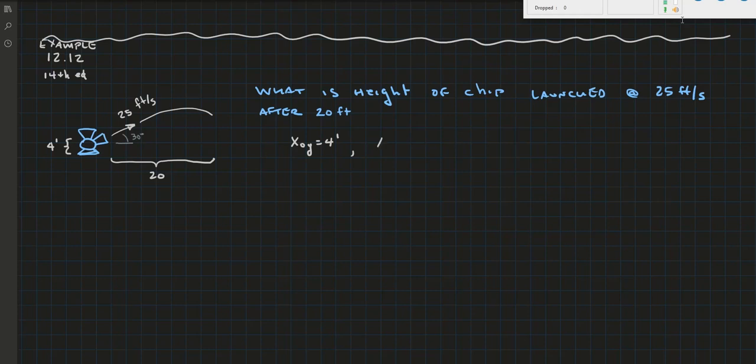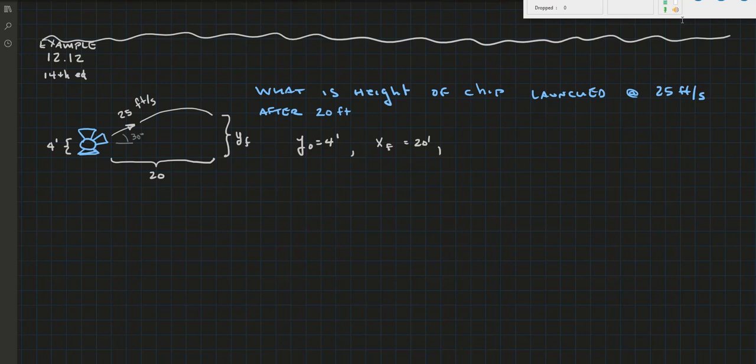We're going to have a final in the x direction of 20 feet. We're interested in the height here. So this will be y final. Actually, let's call this just y0 and xf. And then we're looking for a y final here.